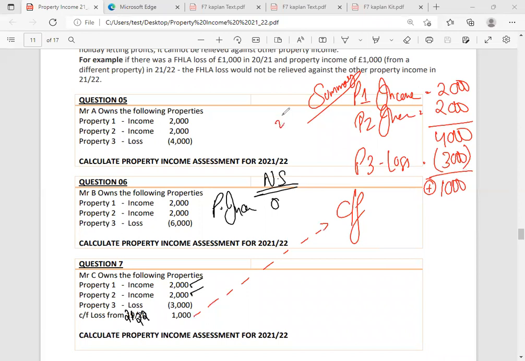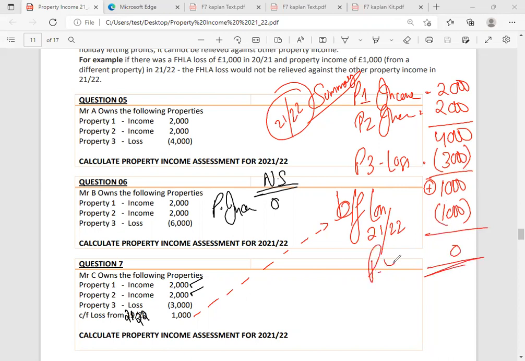This is 21-22. So for the previous year we will write brought forward loss, because it's carried forward from the previous year, it is brought forward for this year, 1000, and it will be adjusted. Again, the property income is 0, meaning no property income under the head of non-savings. Any questions, please?